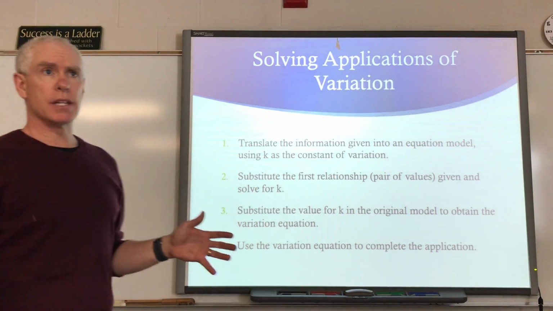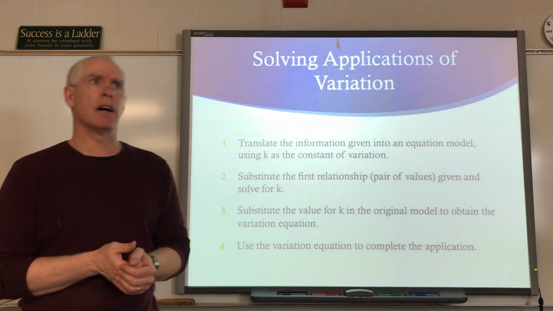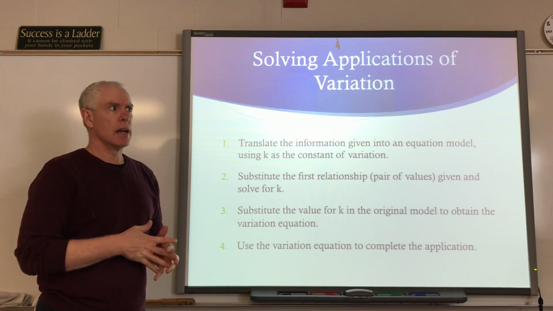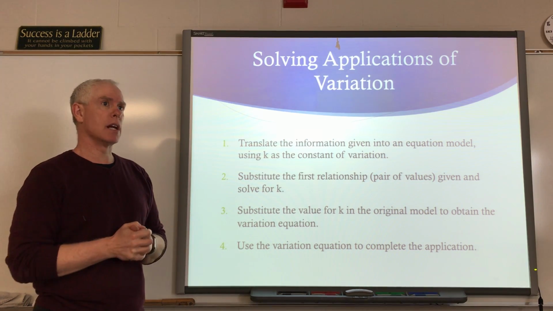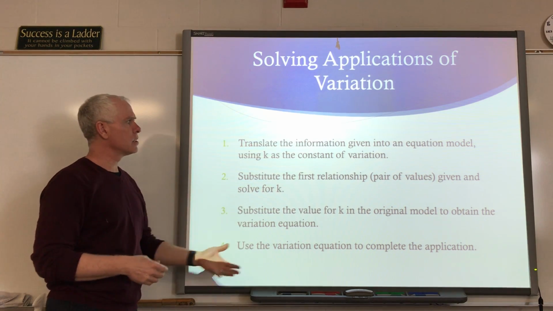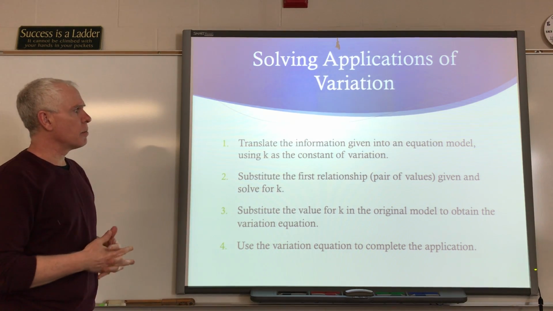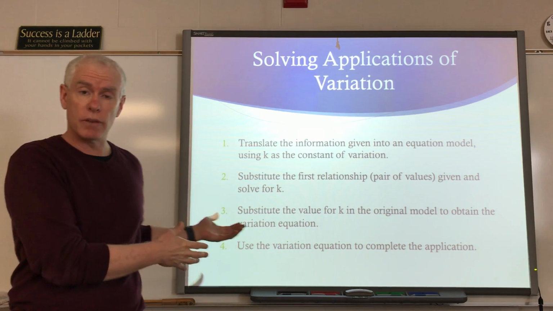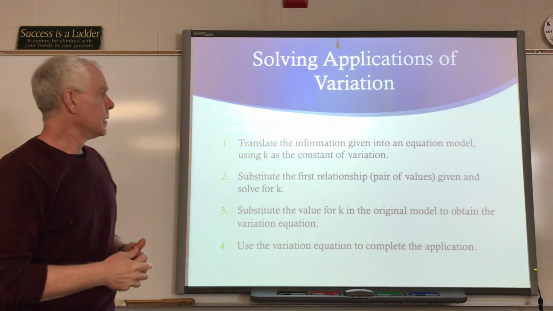So if I have an application problem where they give me a couple of numbers that vary directly, and I want to find that constant of proportionality and then use it to predict something in the future, I'm going to follow these steps. So I'm going to translate the information given into an equation model using k as the constant of variation. That's what we did on the previous slide. We're going to write a model.